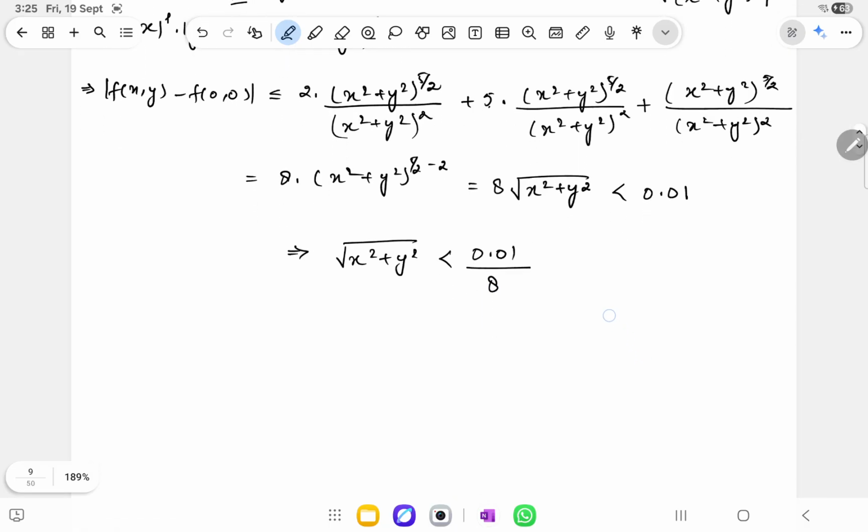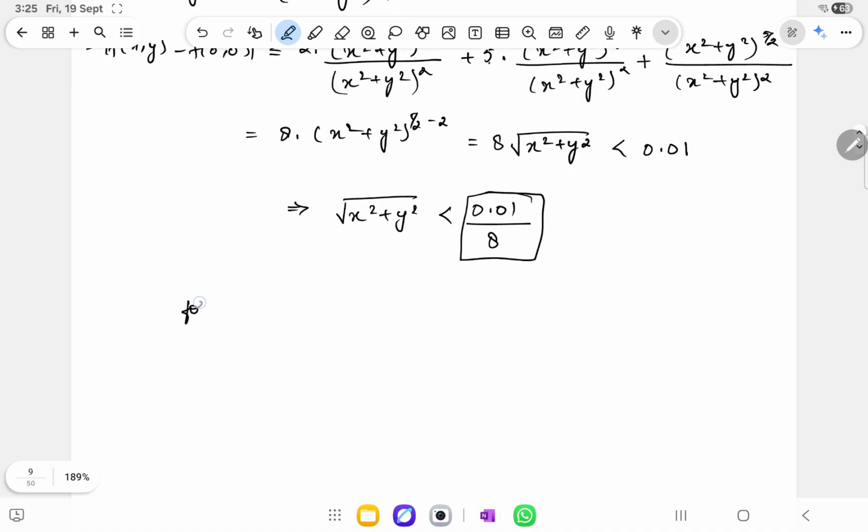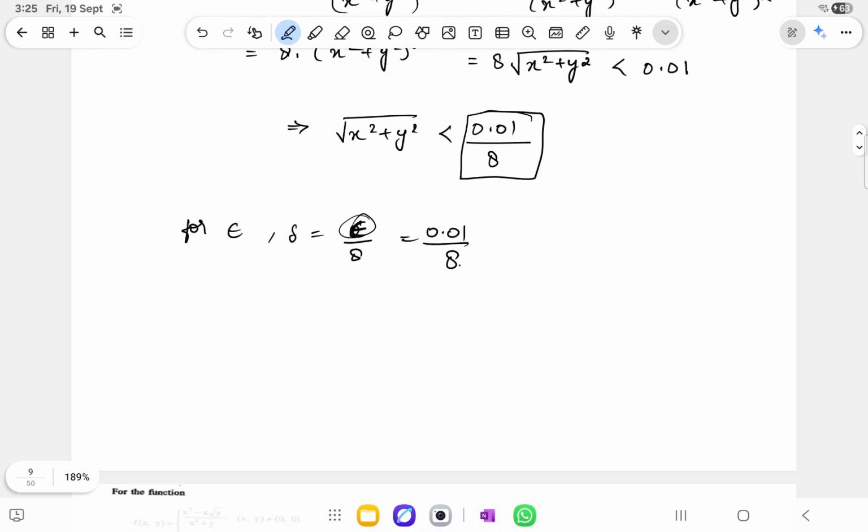This is our delta for the given epsilon: delta equals epsilon by 8, that is 0.01 divided by 8. Even if they ask us for some other epsilon, we can just substitute that value of epsilon here and solve for that as well. Delta equals 0.01 divided by 8, and that is greater than 0.